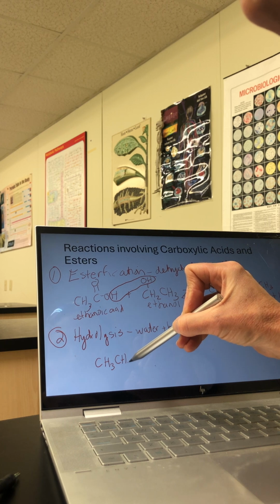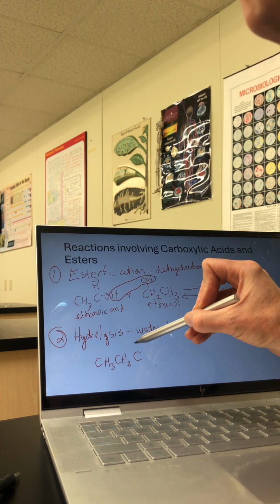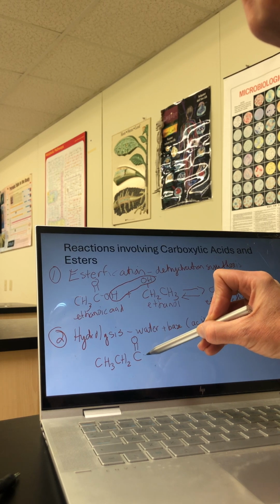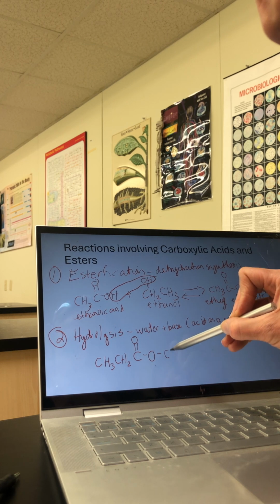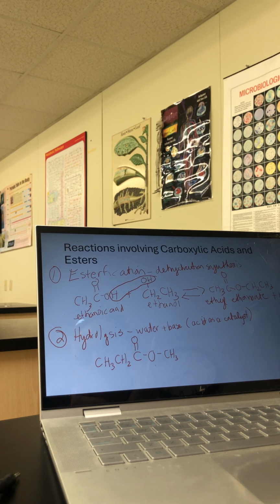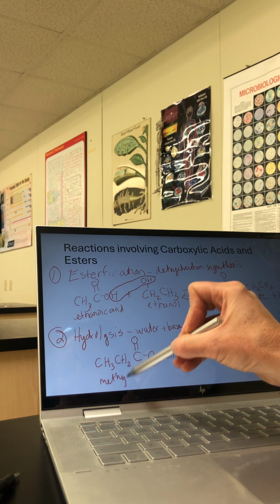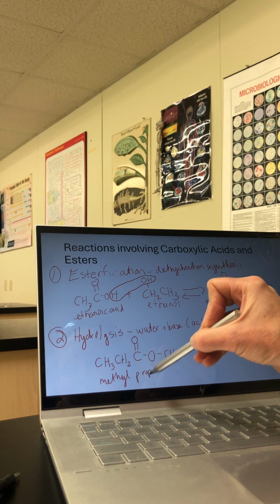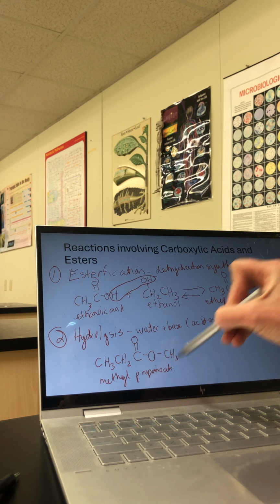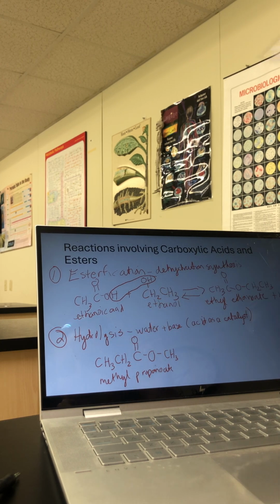This time we're actually going to start with the ester. And you can see this one would actually be called methyl propanoate, because of the methyl group, and then we have the 3 carbons, right? And we're going to react it with sodium hydroxide.